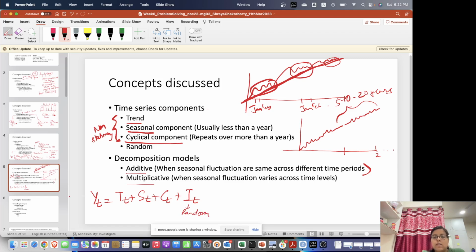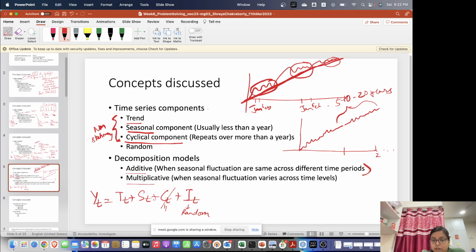So here in the classes it was assumed, and it is normally assumed, since the cyclical component requires a long period of time, that it is 0. So these additive models are usually fit in the absence of cyclical patterns.